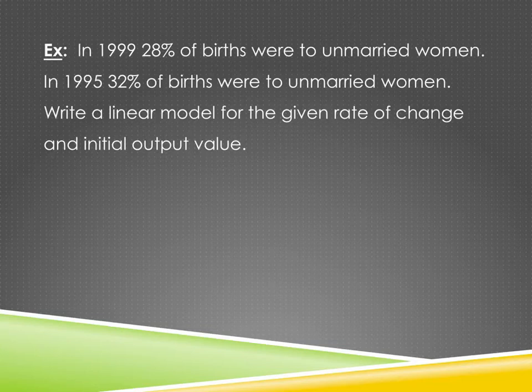In 1999, 28% of births were to unmarried women. In 1995, 32% of births were to unmarried women. Write a linear model for the given rate of change and initial output. So if I'm going to have a linear model, that model looks like ax plus b for the equation part, right?